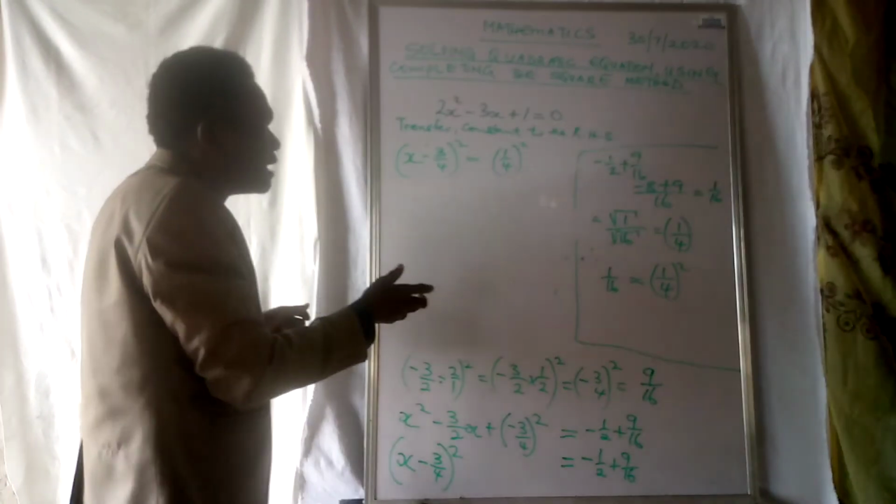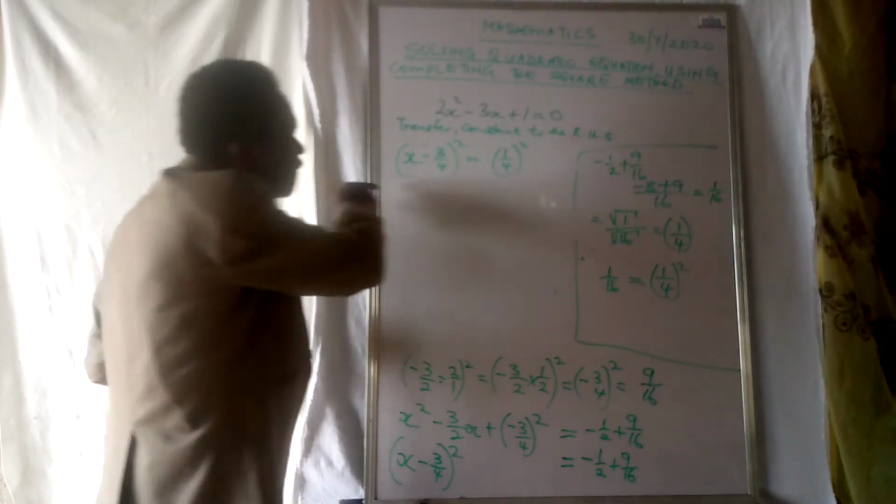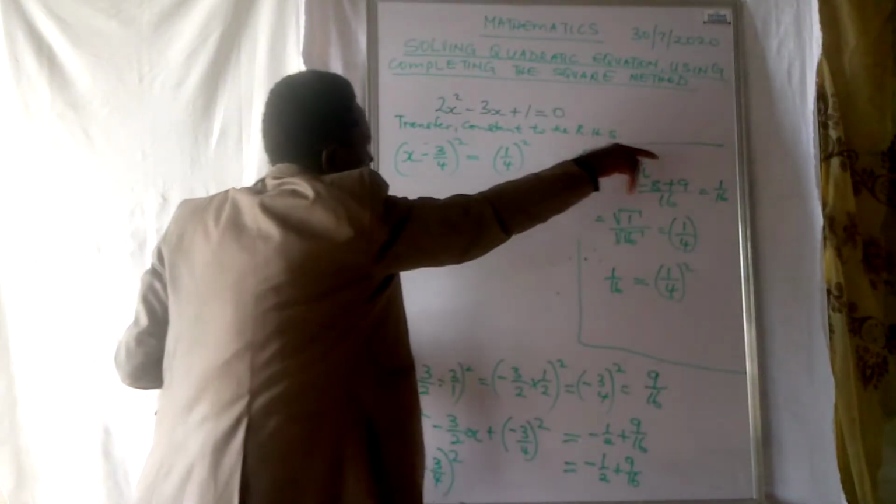Then the next step is to take the square root on both sides.